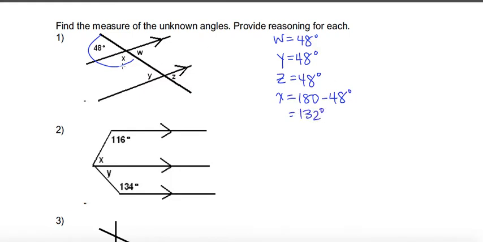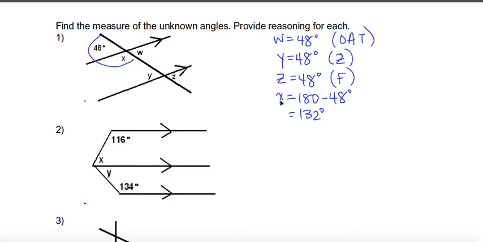So I have found all of my missing letters. I have W, X, Y, and Z, but I have found them in different ways. I found W by doing the opposite angle theorem. I found Y by using the Z pattern. I found Z by using the F pattern.